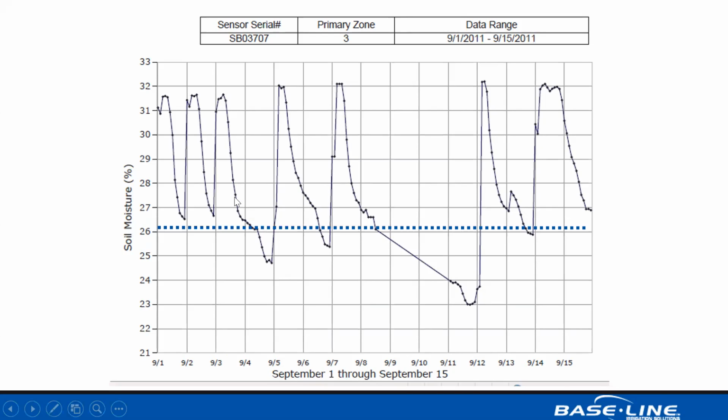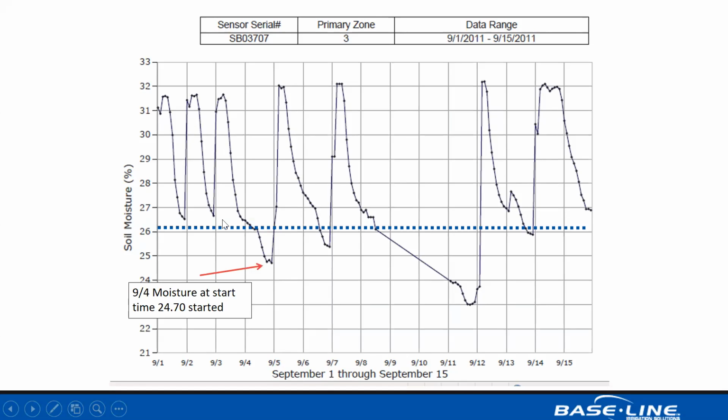So in this example, the irrigation system was set to water every day at 11 p.m. And this graph shows the increase in moisture content due to that irrigation cycle and the subsequent dry down over the next day until that next start time at 11 p.m. the following night. And the process just keeps repeating itself.